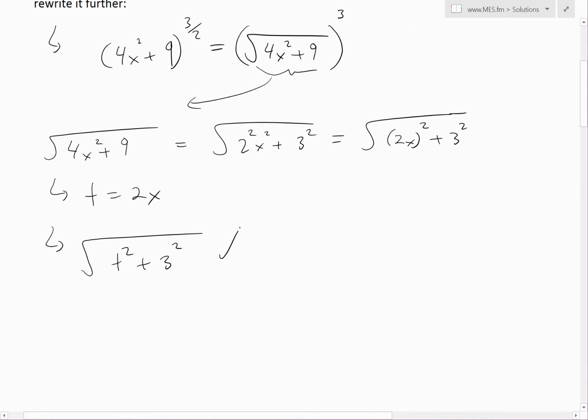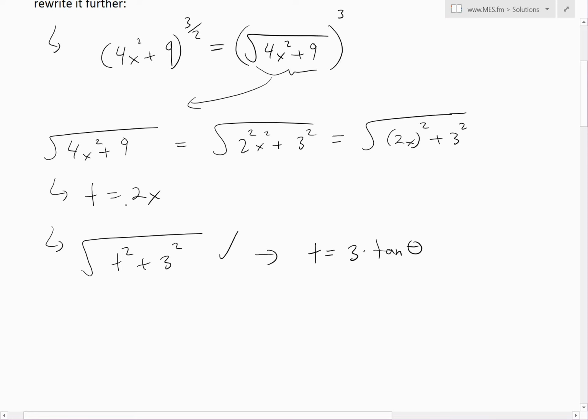Yeah, this is a form that we are used to, and now from my earlier videos on trig substitution, from the table you could see that the appropriate trig substitution to apply here, using t, is t equals 3 times tan theta.